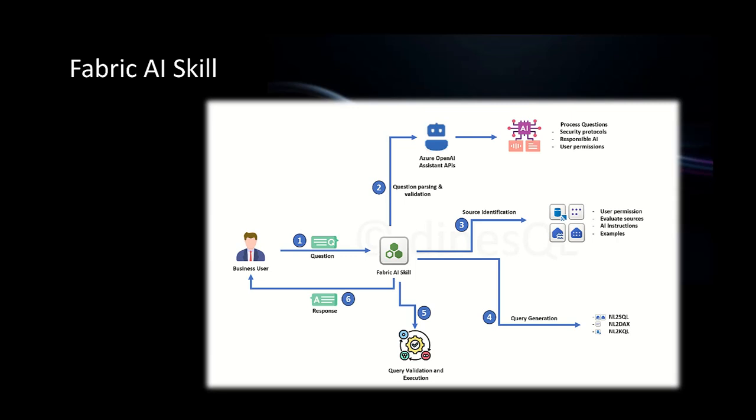But you must know that in certain cases, this is what we see with AI: sometimes it generates wrong data or wrong responses. So it's always better to validate. So at the configuration screen, you have to try out multiple questions and see whether this gives the right answer. If not, you have to go and change the instructions. You have to add more examples. You might have to make some changes to tables.